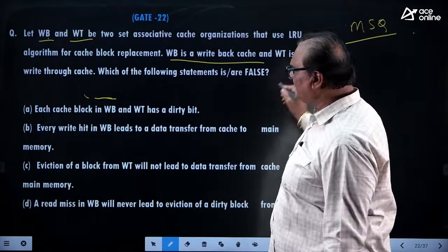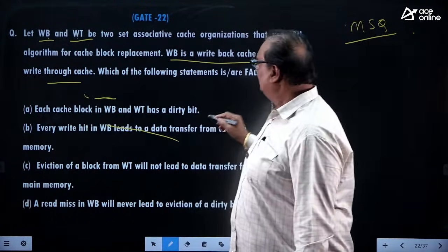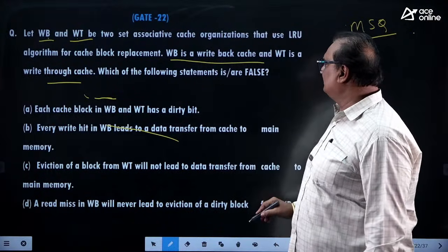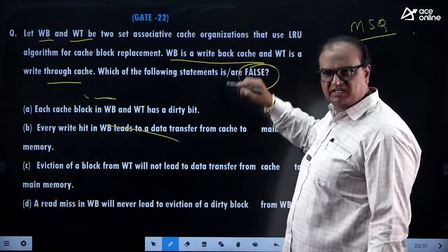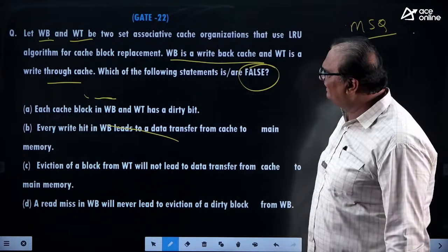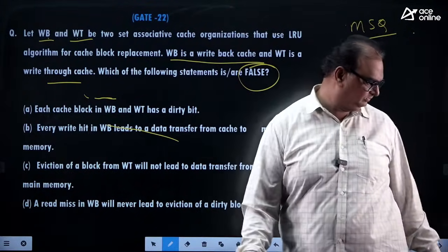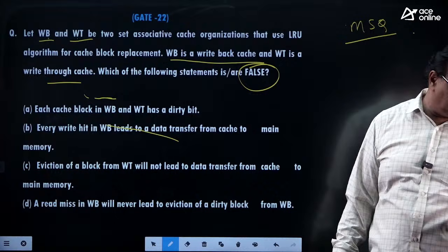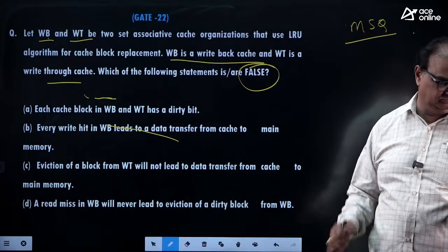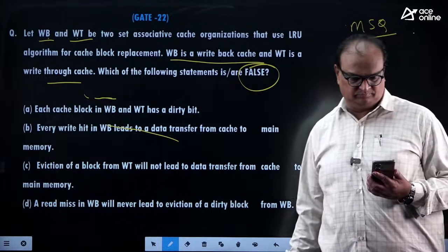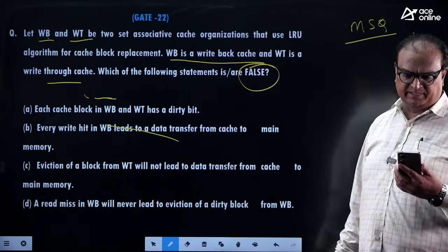WB is a write back cache and WT is a write through cache. Which of the following statements is/are false? He asked the false statements. Okay, take 1 minute.